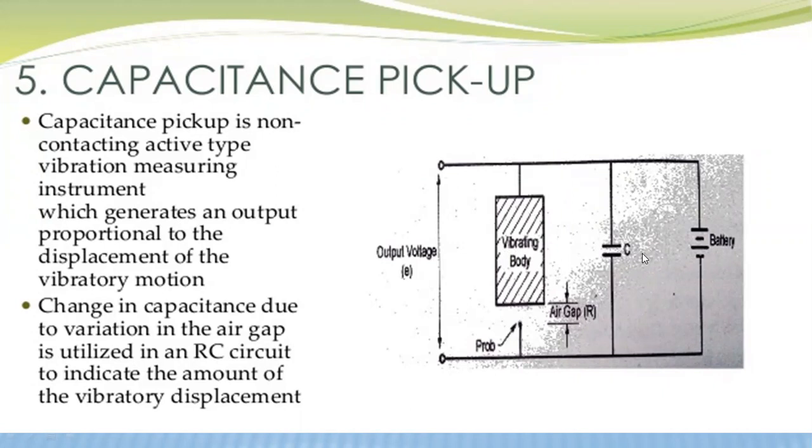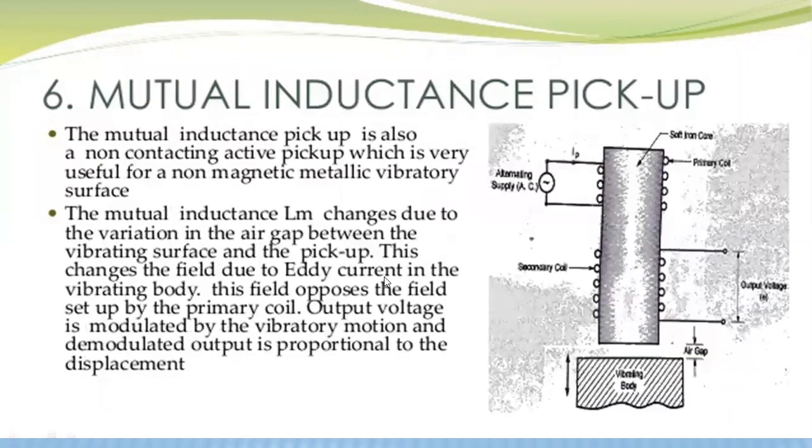The capacitance pickup is a non-contacting active type vibration measuring instrument, which generates an output proportional to the displacement of the vibratory motion. Change in capacitance due to variation in air gap is utilized in an RC circuit to indicate the amount of vibratory displacement. So it is a non-contact type of vibration measuring instrument.